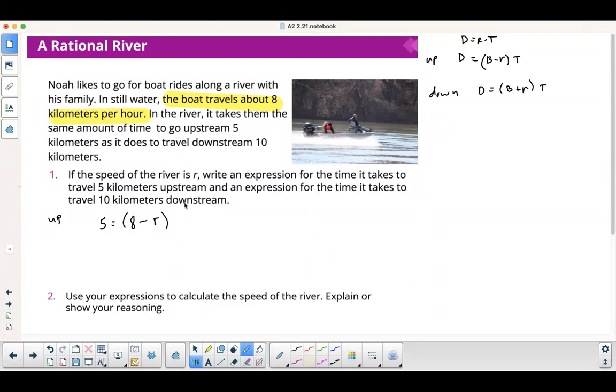It takes them the same amount of time. So what would my time be here? Well, I don't see anything, so I'm just going to put t. All right, downstream, which I didn't really like because it has 2 variables, but we'll figure it out as we go.